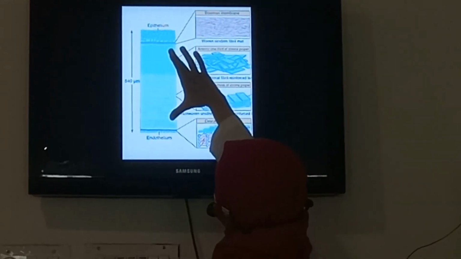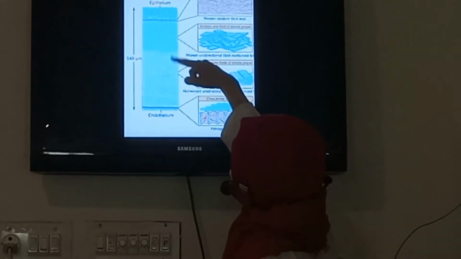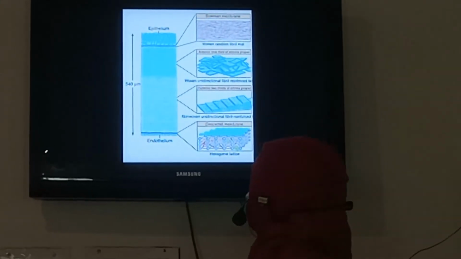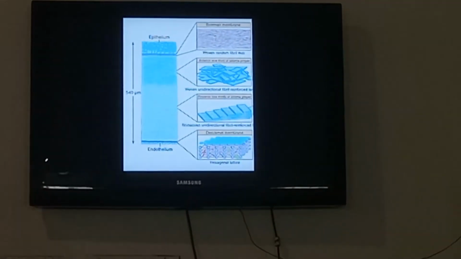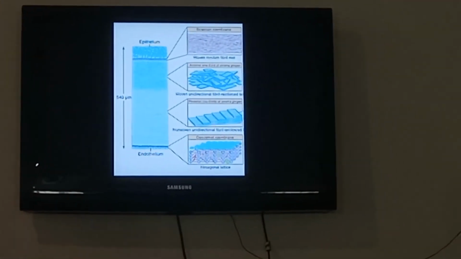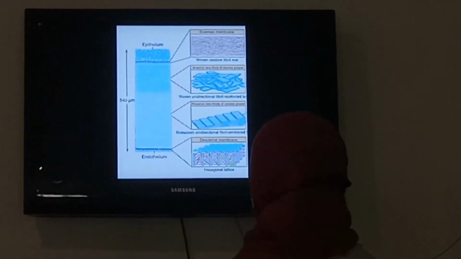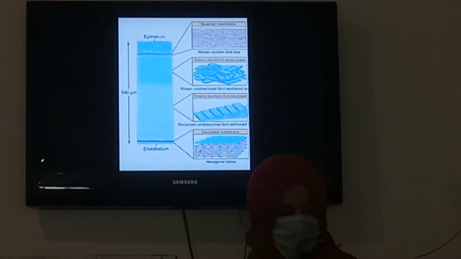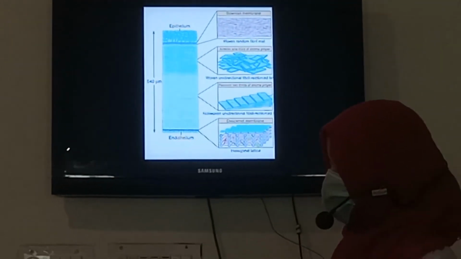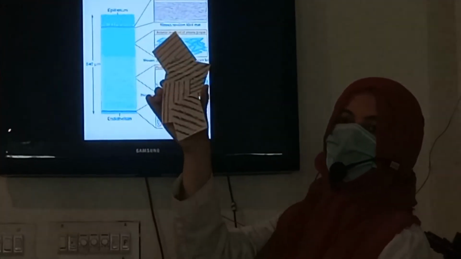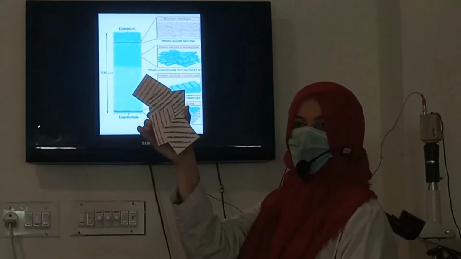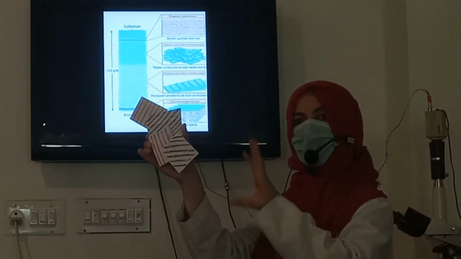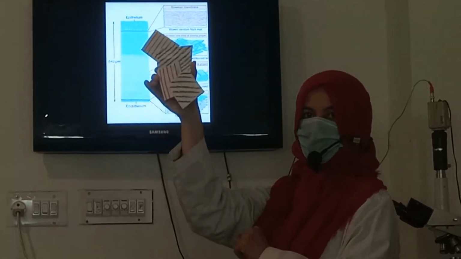Then you enter into a broader one, which is the stroma, corneal stroma. For this, let me explain with the paper or this cardboard model. As you can see here, its anterior one third, if I can show it to you, is made up of collagen fiber bundles in the form of lamination, right?